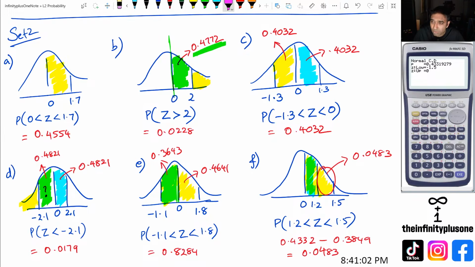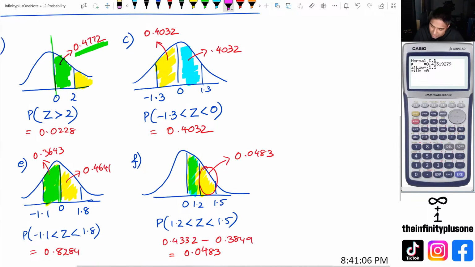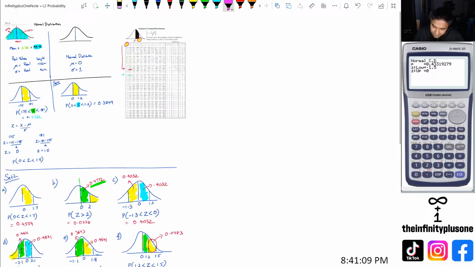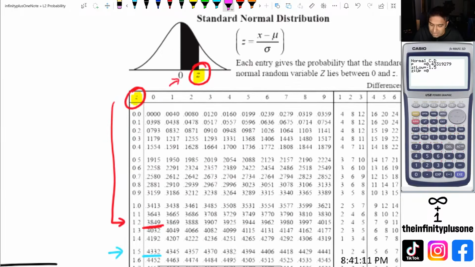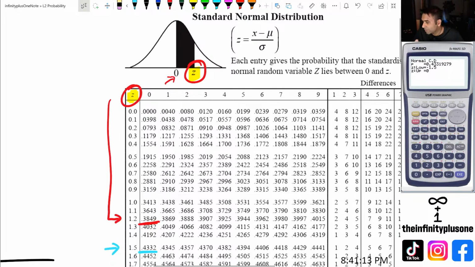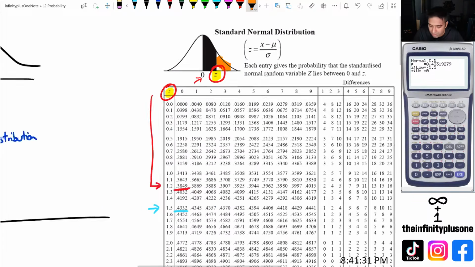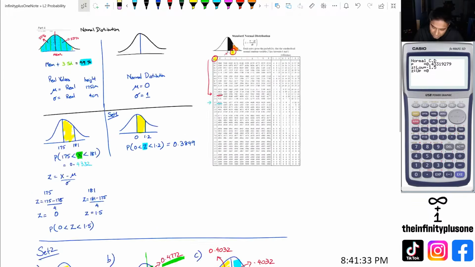The tables only give me up to the green area. If you look at the tables, you see how the table gives you the area from 0 to the Z value. So everything on this side is 0.5. If I want to find the orange area here, I've got to go 0.5 minus whatever that black area is to get the orange one. I think that explains what's happening there.